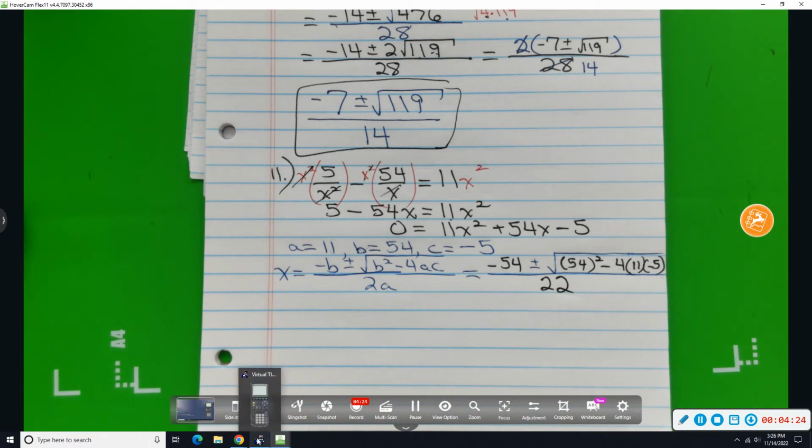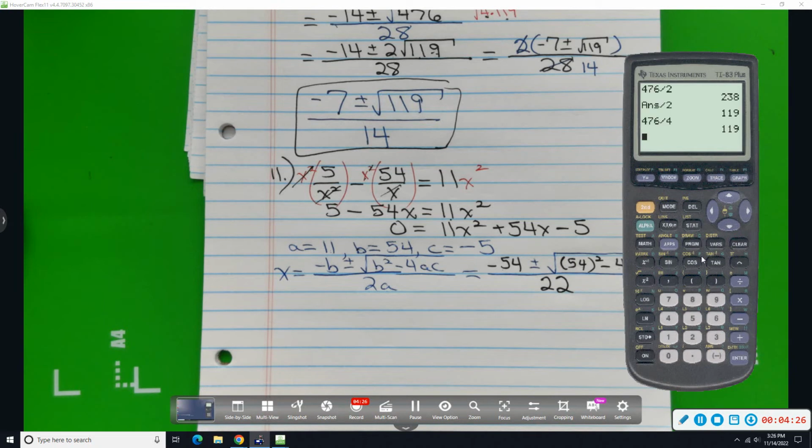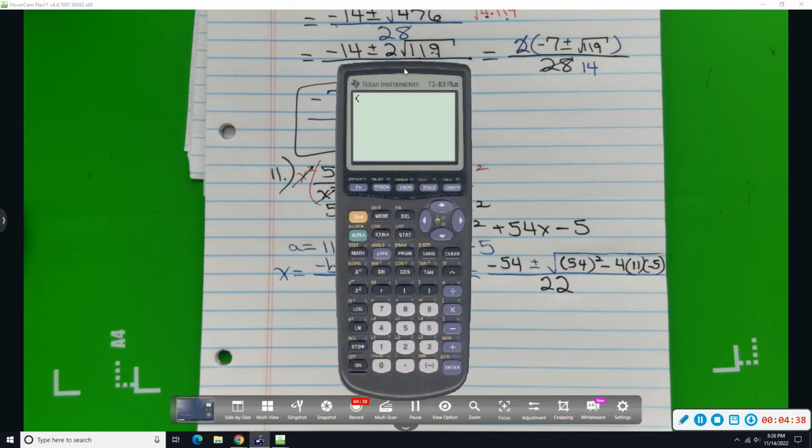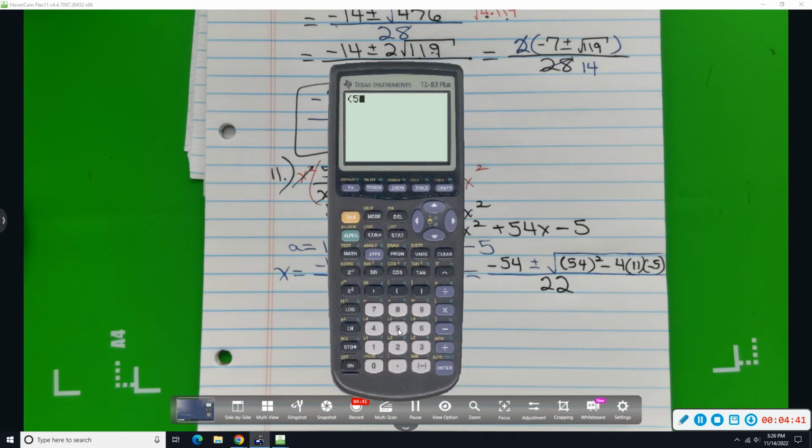Where's my calculator? I need to clean off that stuff there. So I'm punching in the stuff under the radical: 54 squared minus 4 times 11 times a -5, equals.